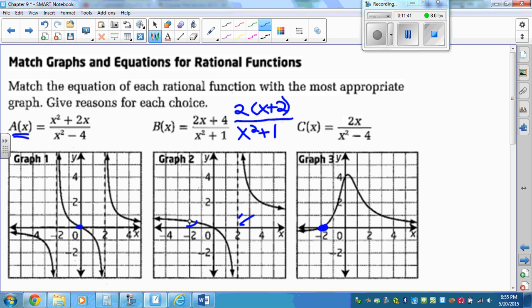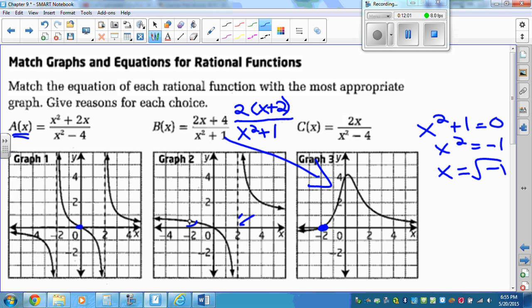If it's only on the bottom, it would be an asymptote. Well, x squared plus 1 equals 0. When I solve that, I get x equals the square root of negative 1. That's an imaginary number. I can't show that on a graph. So no asymptote. So that means that this is going to have to be this guy right here.